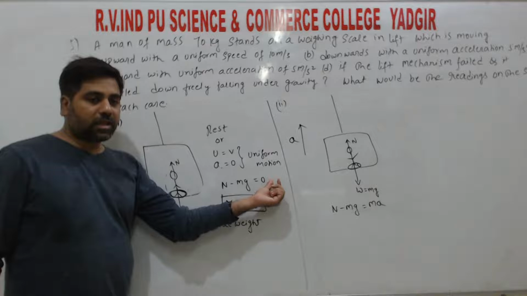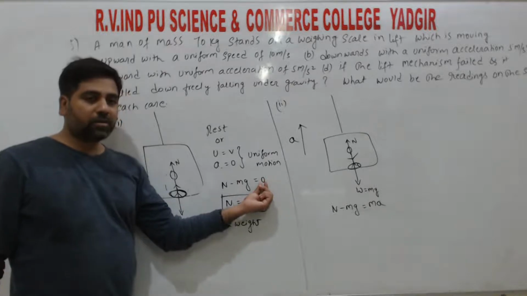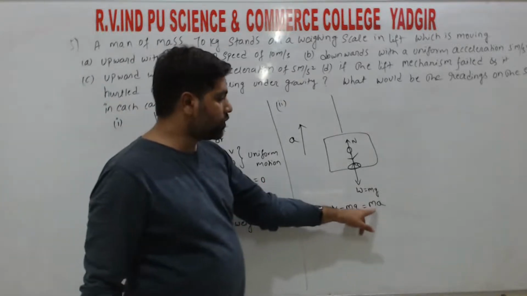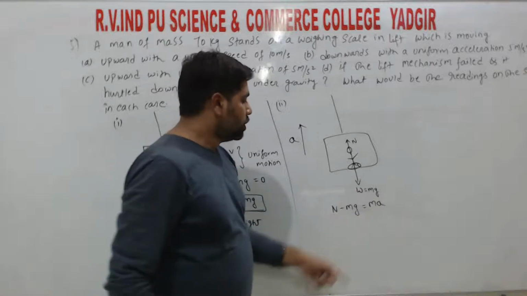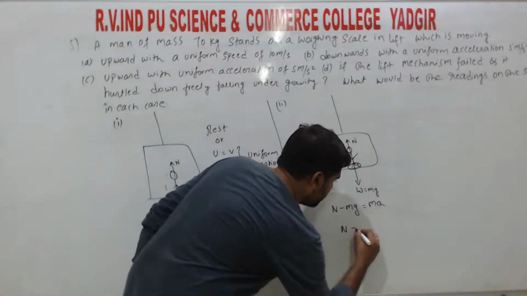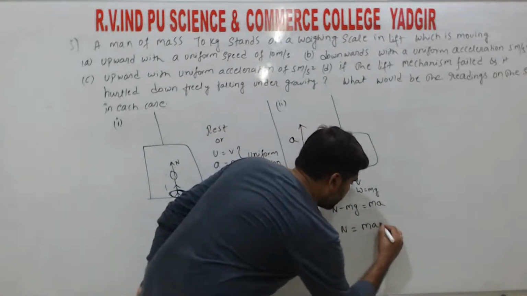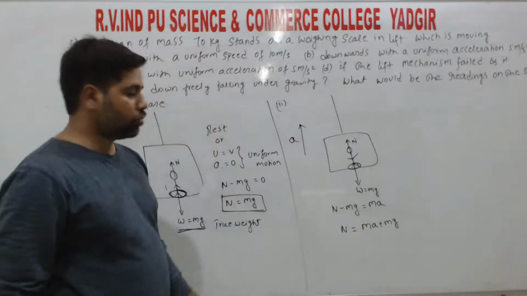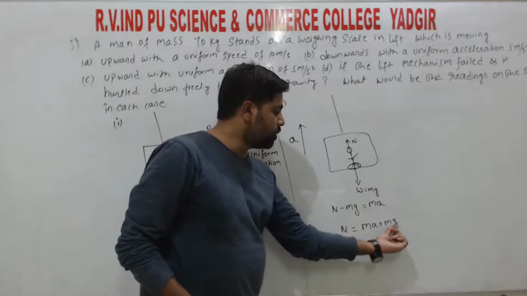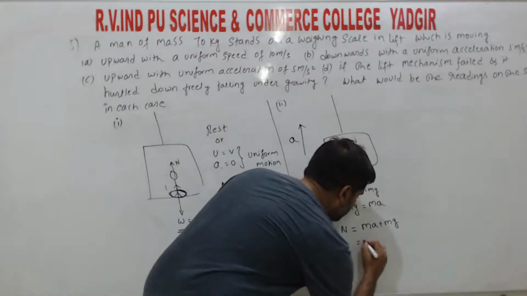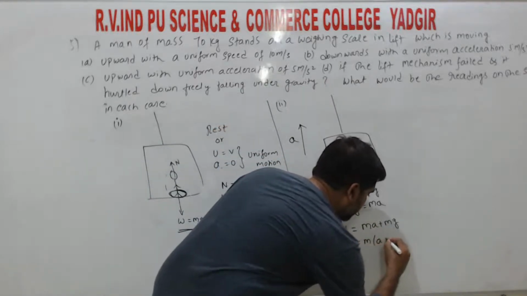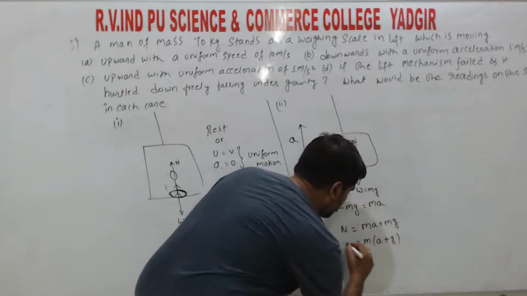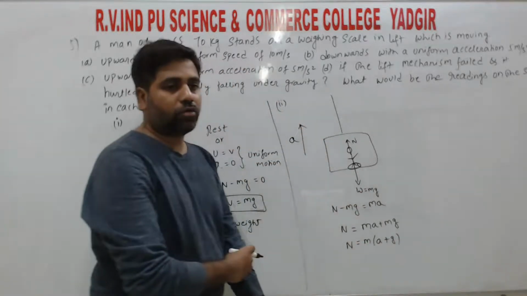M into acceleration is 0, so that's why we got the 0. Here m is the mass of the person, right? So N is equals to ma plus mg, where m is the mass of the person, we can write this one as m into a plus g, where g is the acceleration due to gravity.